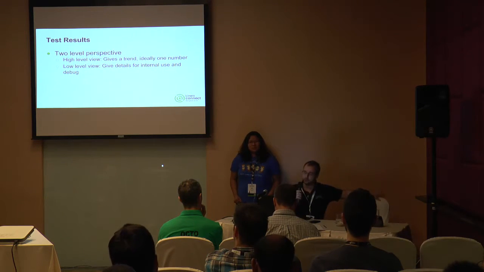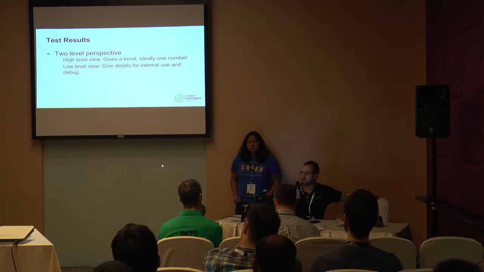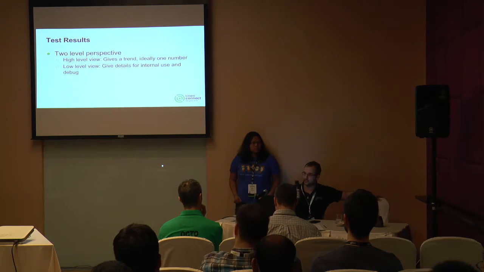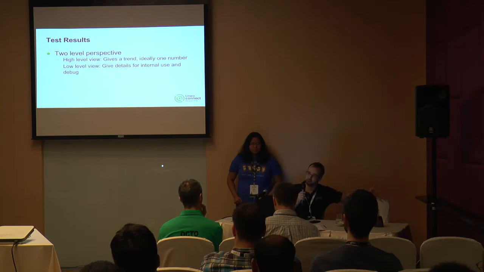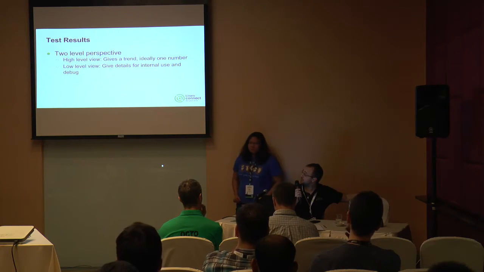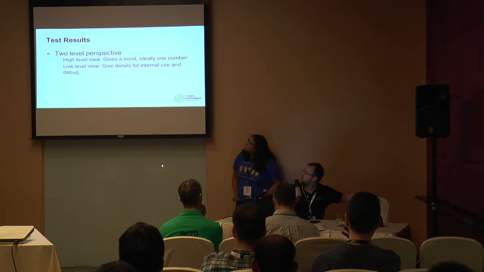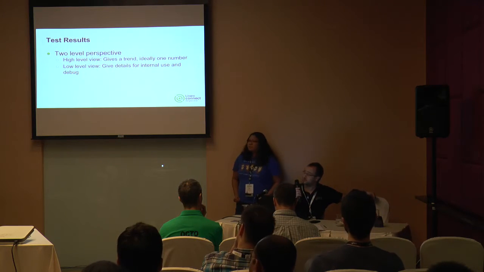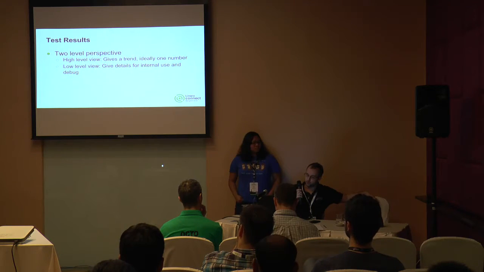The goal is really to have one score for each kernel, each time we run a full test cycle, so that we can easily see a trend about whether performance is improving or not, whether power consumption is improving or not, or whether we have a regression, and detect that quite easily and automatically. Based on that, we also need a second level of result, which is a detailed view of what happened during the test, to help us with debugging.